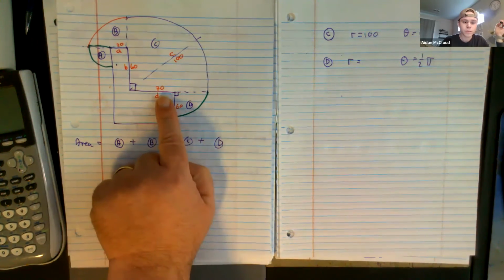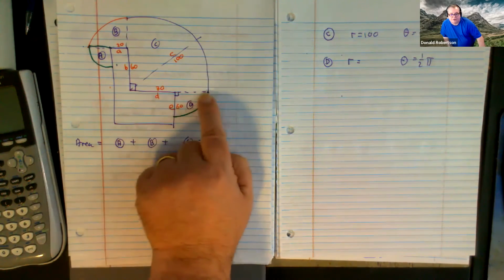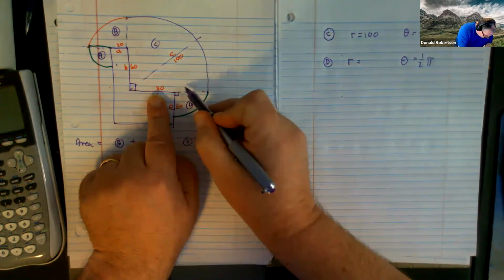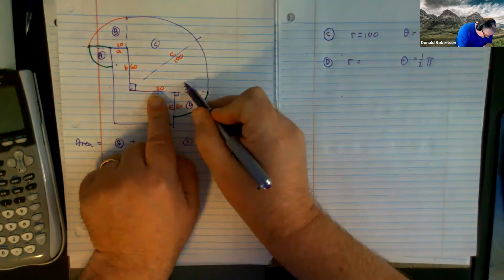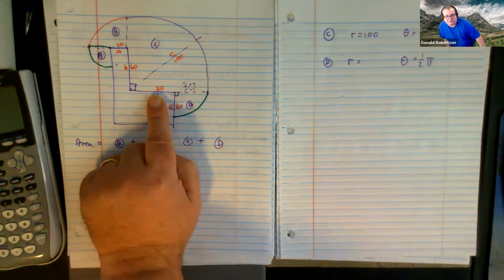Is it 30? Yeah, there's your clue. Do you see that when you reach here, you're going to have 100? But wasn't that 100 going to be made up of a 70 and another 30? And you see the 30 is the radius that you need. See how that was sneaky? Does that make sense? 30.